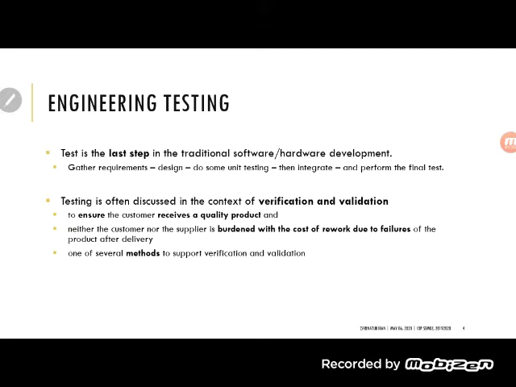Testing is often discussed in the context of verification and validation, which purpose is to ensure the customer receives a good quality product and neither the customer nor the supplier is burdened with the cost of rework due to failures of the product after delivery. In this context, testing is typically viewed as one of several methods that can be used in support of verification and validation.